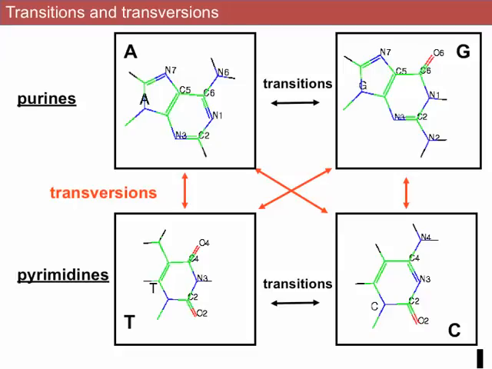And when people do this, they have discovered that in general, in most organisms and across most of the genome, it's much more likely that you would observe a transition change than a transversion change. So again, DNA transitions are generally more common than DNA transversions.